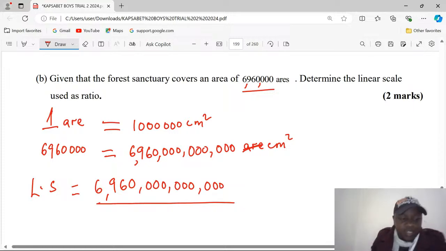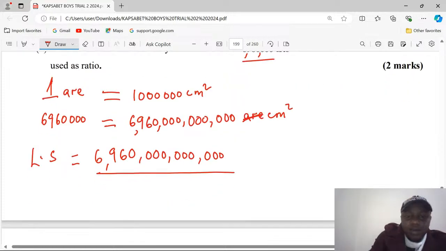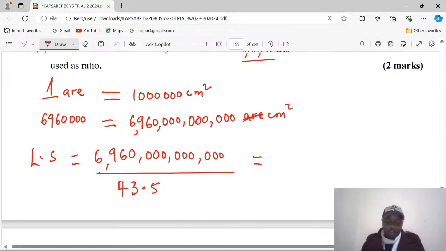These are square centimeters. Area in the map is 43.5. So when we carry out such a division, we are dividing the ground area by 43.5.